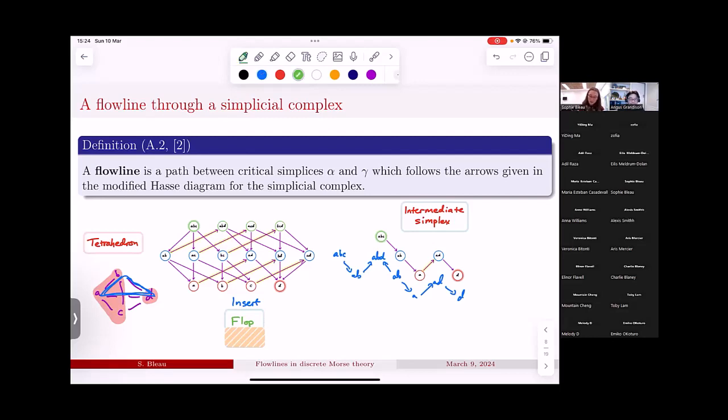Another thing we can do is we can flop this flow line. And flop is kind of a silly name for it. But basically, if I have this intermediate simplex here, and I still want to get from ABD to A, but I want to find the unique alternative way of getting down from ABD to A. I don't want to go down via this path.